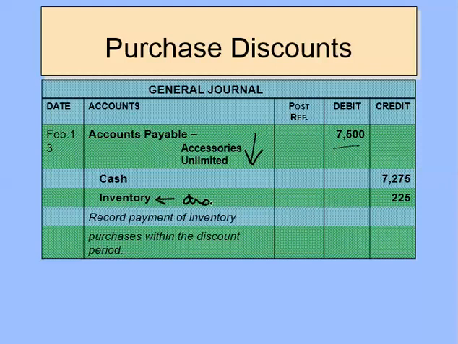So instead, I'm going to credit my inventory account, because my inventory now didn't cost me $7,500, it only cost me $7,275. So I need to credit my inventory to reflect the discount that I was able to take when I made that purchase. And then we'll credit cash for the difference between my liability to the company and the discount of $225.